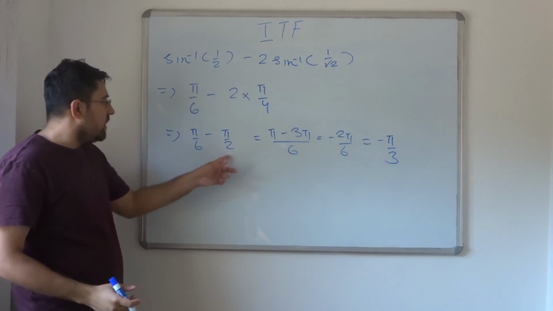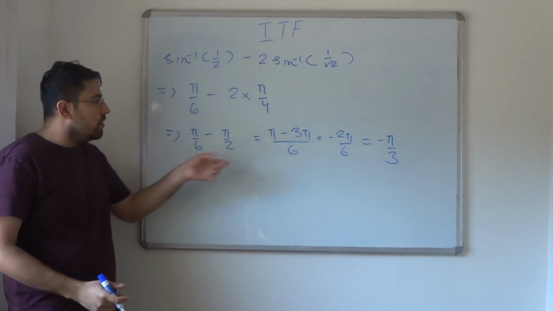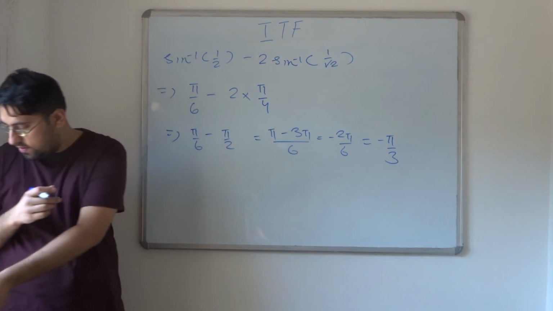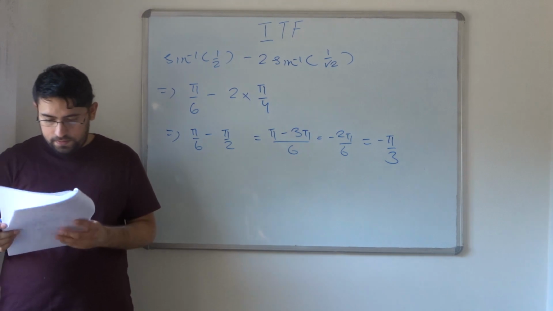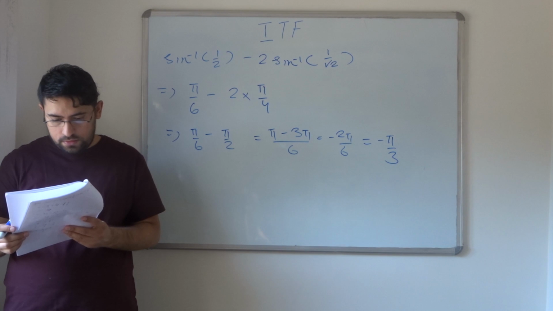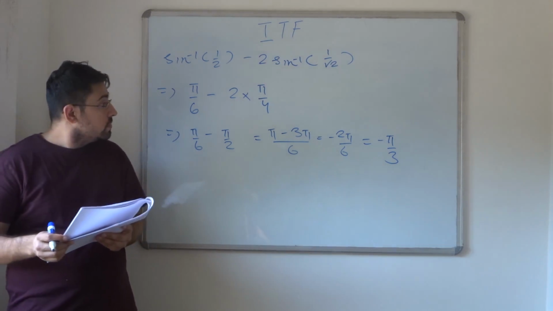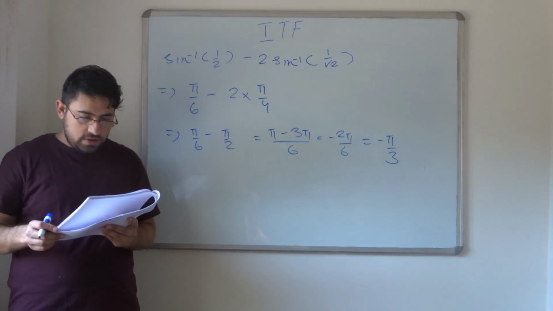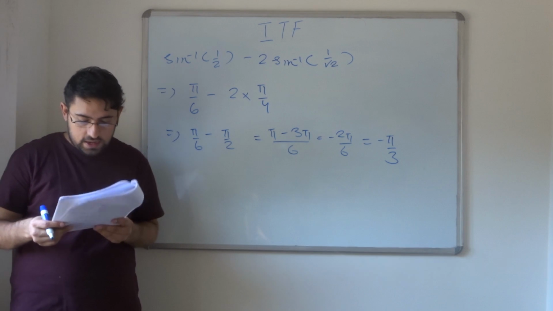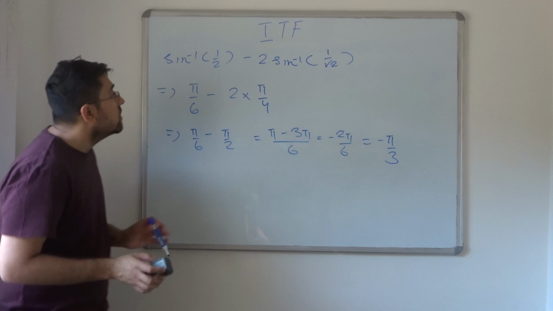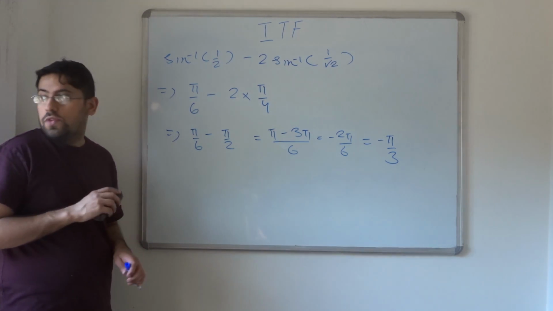Now instead of taking 12, 6 can go into both of them. So I'd rather take LCM as 6. Guys, I'm just checking whether I wrote the negative, otherwise it gets even more messed up. Okay, I'm just going to give you 2 more seconds and then I'll move on to the next question.